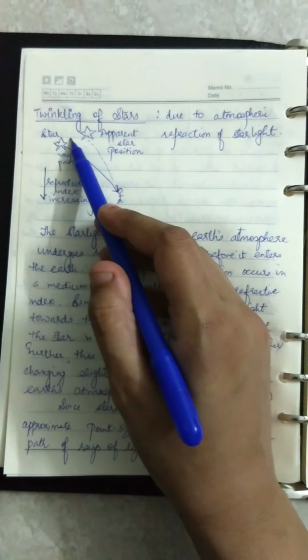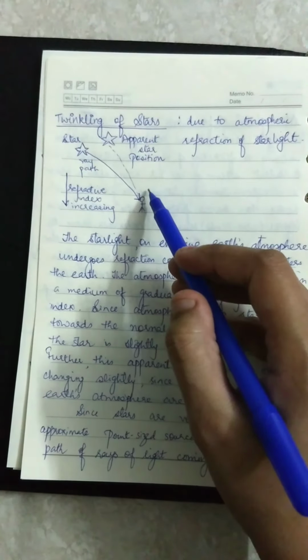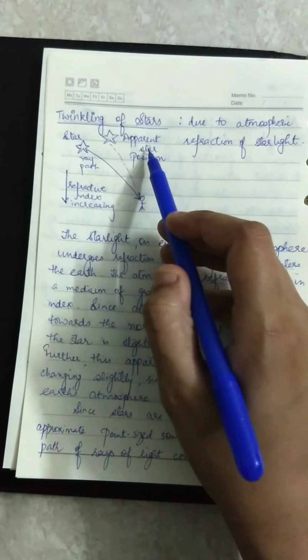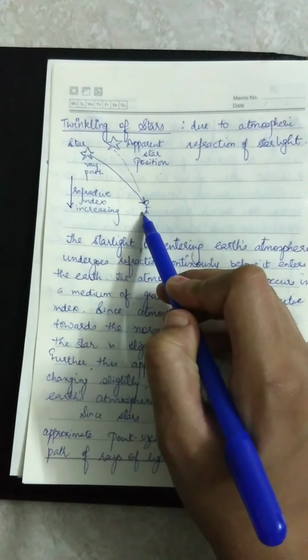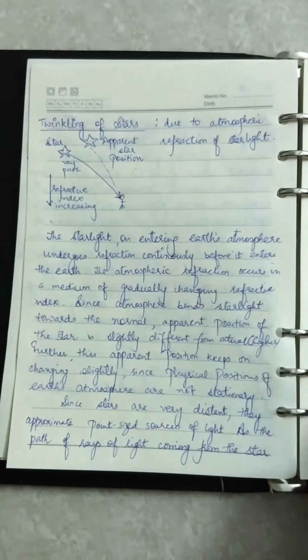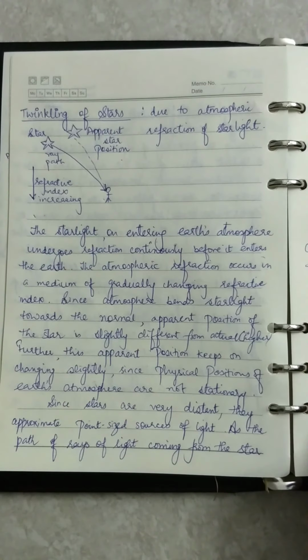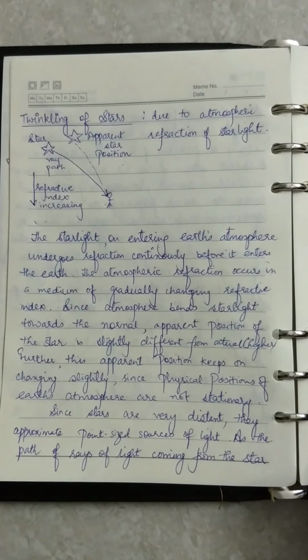Here the star is there, a ray of path is going to the observer, but it appears to be slightly up. This is the apparent star position which is observed by the observer. So the refractive index, as we come down, keeps on increasing. The starlight on entering the Earth's atmosphere undergoes refraction continuously before it enters the Earth.